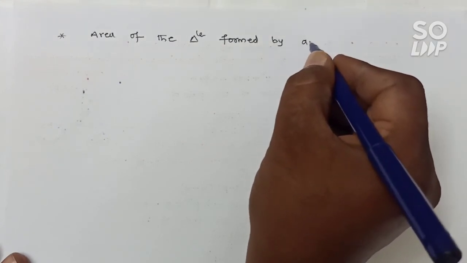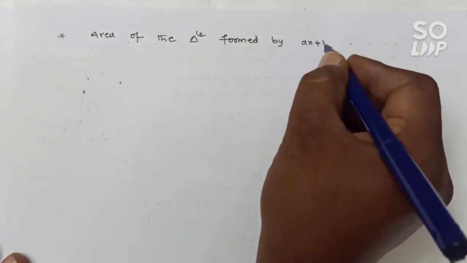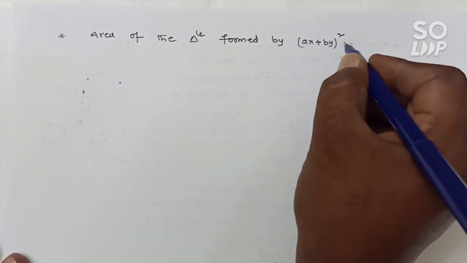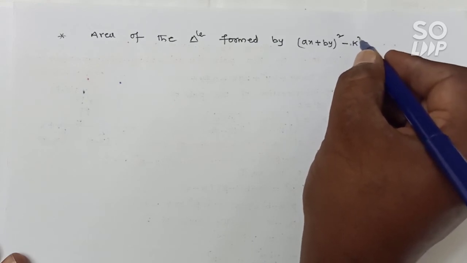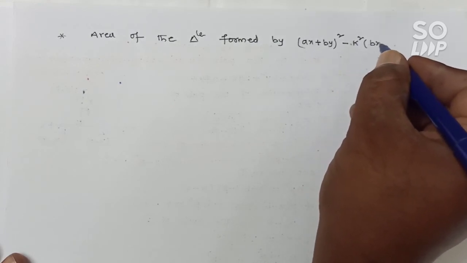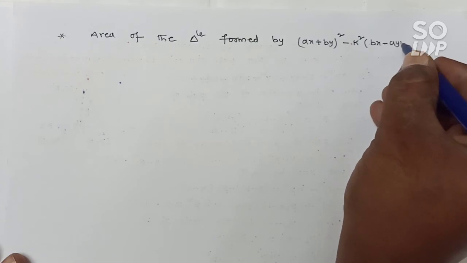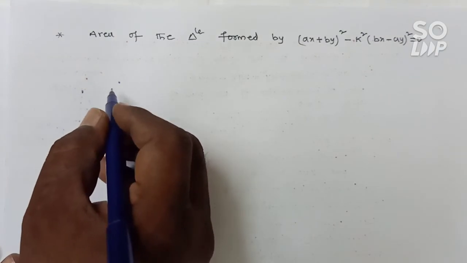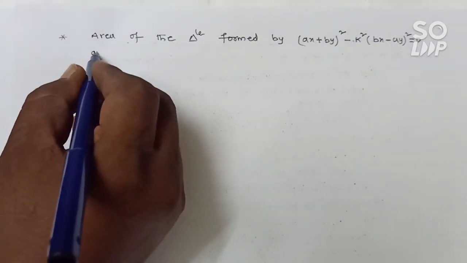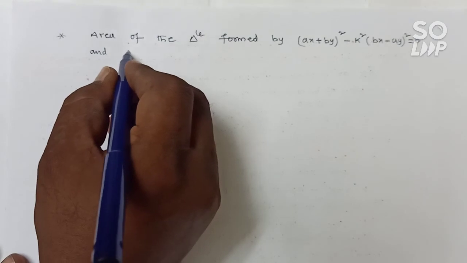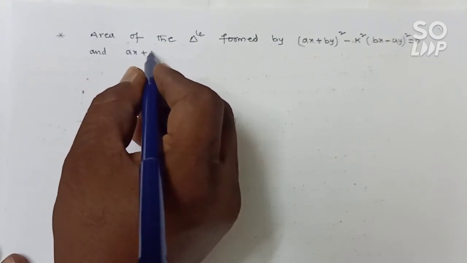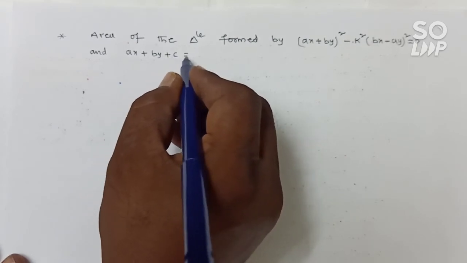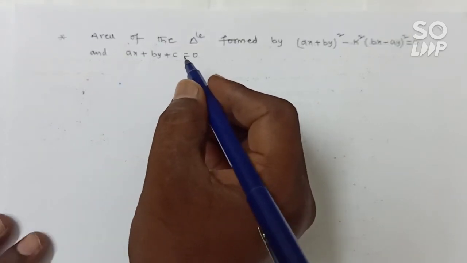ax plus by whole square minus k square into bx minus ay whole square is equal to 0, and ax plus by plus c is equal to 0.